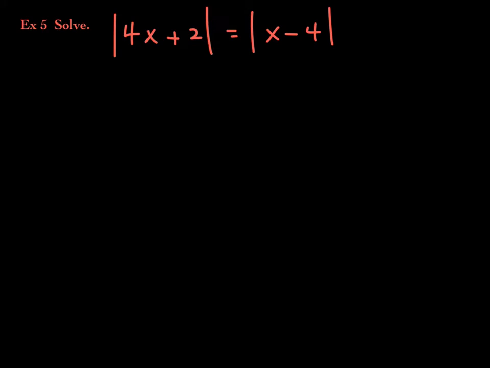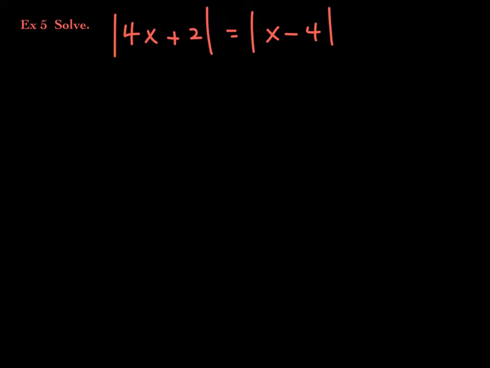The absolute value of 4x plus 2 is equivalent to the absolute value of x minus 4. We just finished deriving that this equivalence is true only if this expression inside is equal or the same as this expression in here, or they are opposite each other.